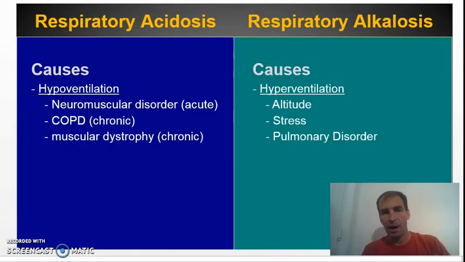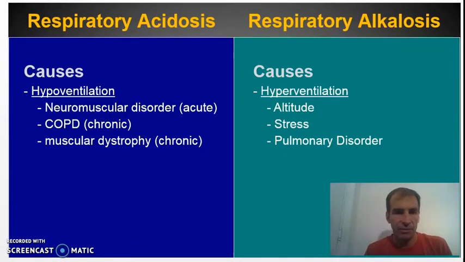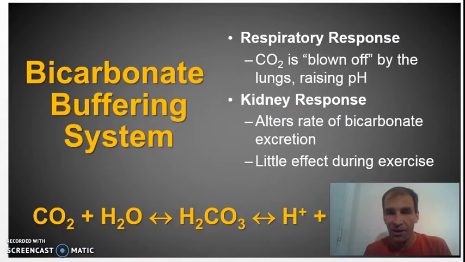Now let's look at respiratory means. Here, really the two things that are going to cause issues are hypoventilation and hyperventilation. So I want to step back and ask, how does breathing relate to hydrogen ions? How are these two related? Let me go down in your slides, and I know you're probably following along.